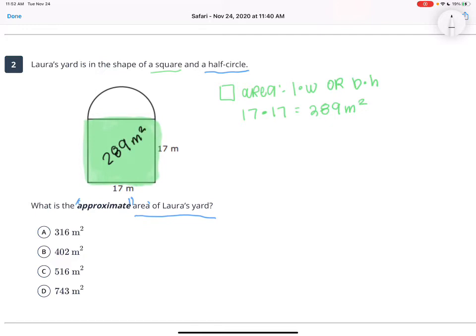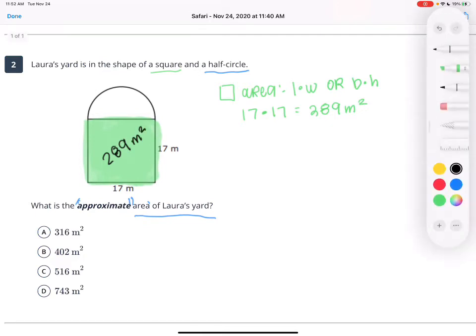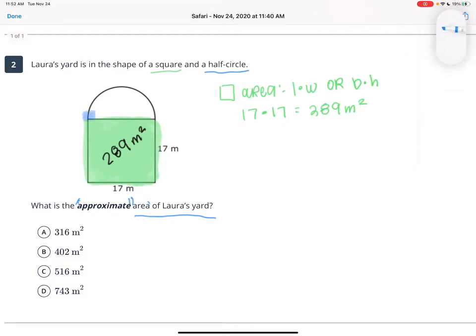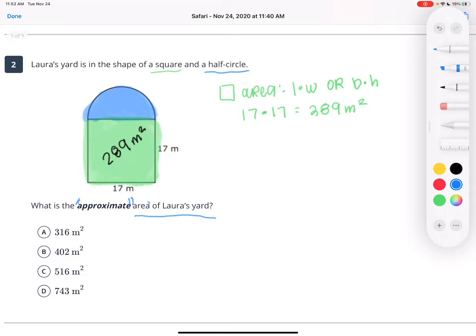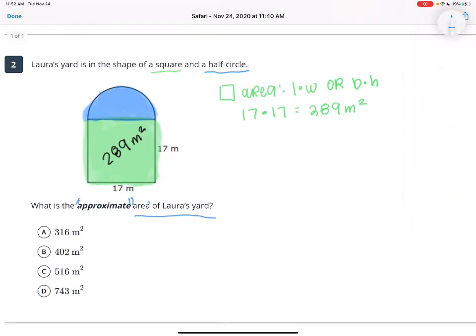Now, on to the next part, which is the semicircle. I'm going to highlight that in blue. I'll be annotating in blue as well and put my final answer in black. So I need to figure out how I can find the length of the diameter for the circle, and I'm tracing over it heavily in dark blue.